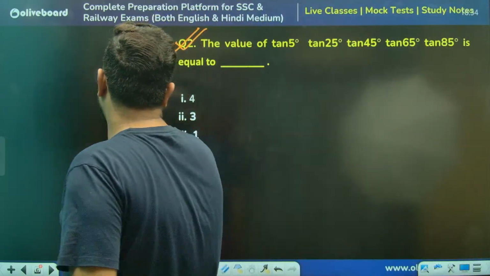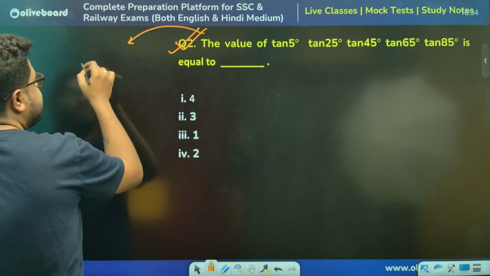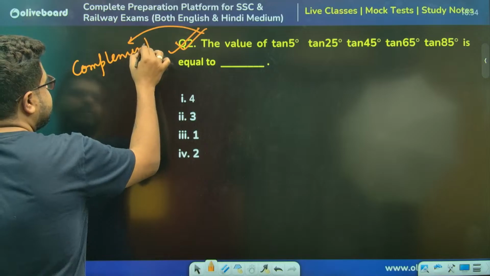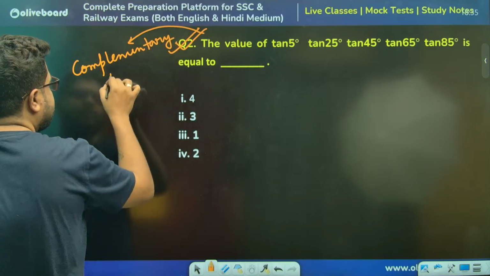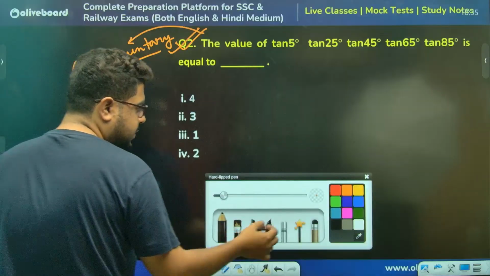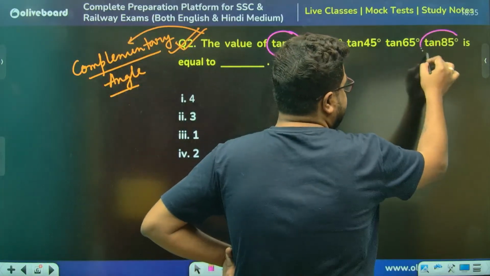This is based on the complementary angle. Very simple. We have tan 5 and tan 85.